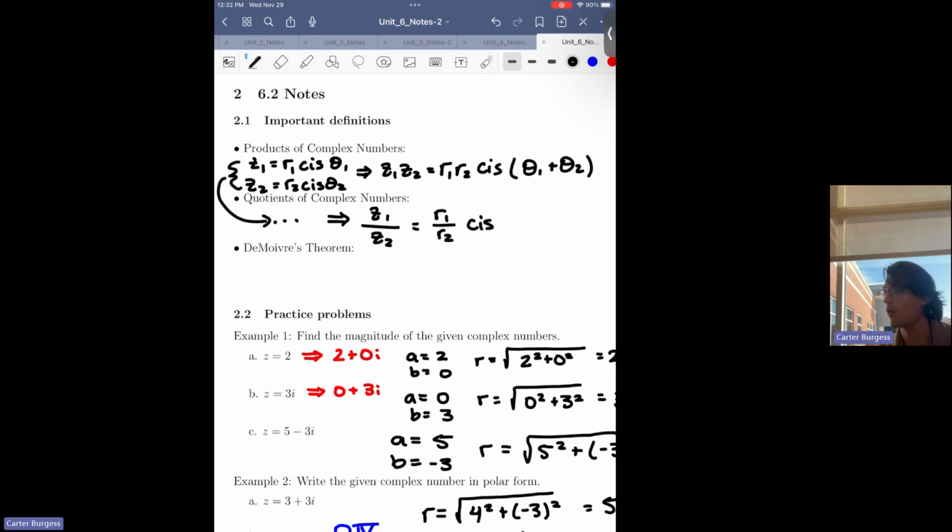And if before, when we're doing multiplication, we add the thetas, what do we think we do when we do division? Yeah, probably subtract the thetas. So again, these operations that before were quite difficult are in this polar form trivially easy. Maybe not trivially easy, but close to trivially easy. Quite straightforward in comparison.